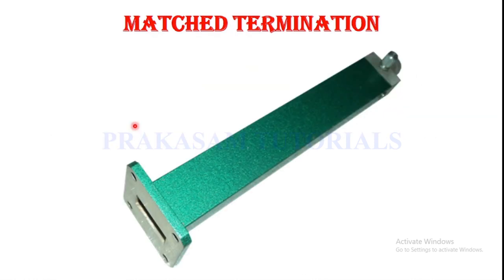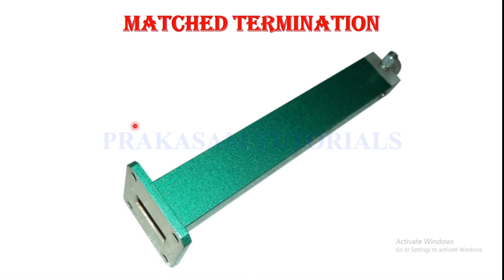And the next waveguide component is matched termination. In making measurements of waveguide components, it is often desirable to observe the microwave power propagated down the waveguide. These are designed in such a way as to observe the maximum power without appreciable reflection, assuming a low voltage standing wave ratio value.